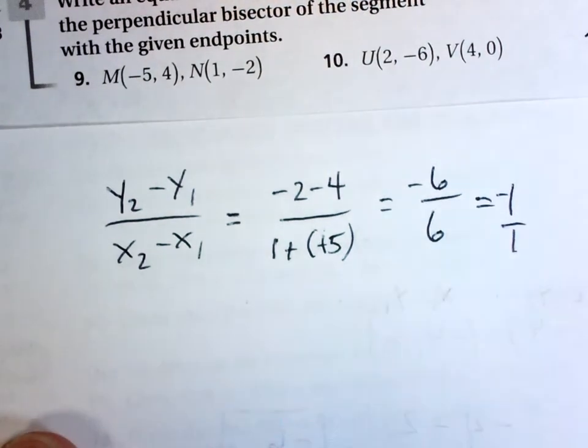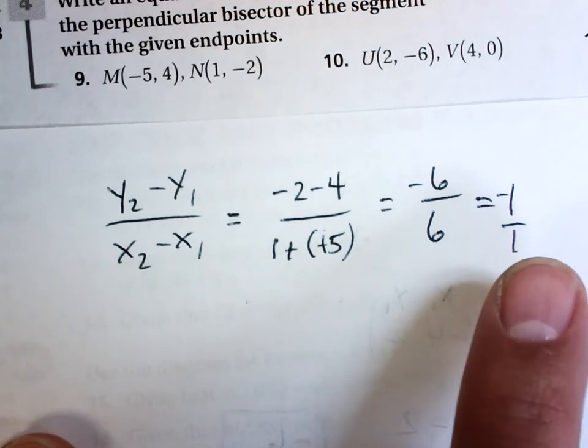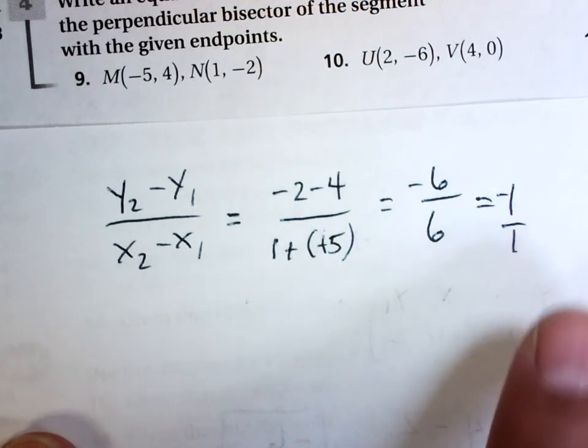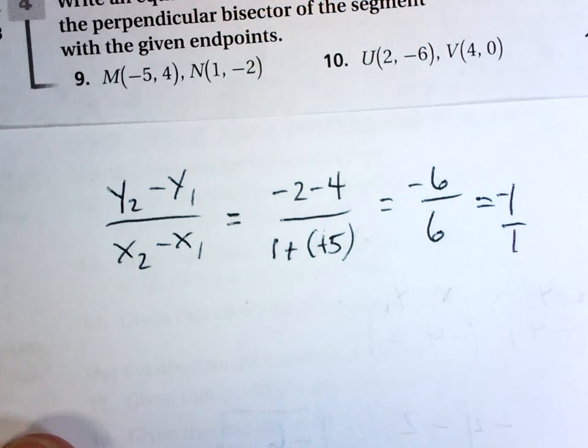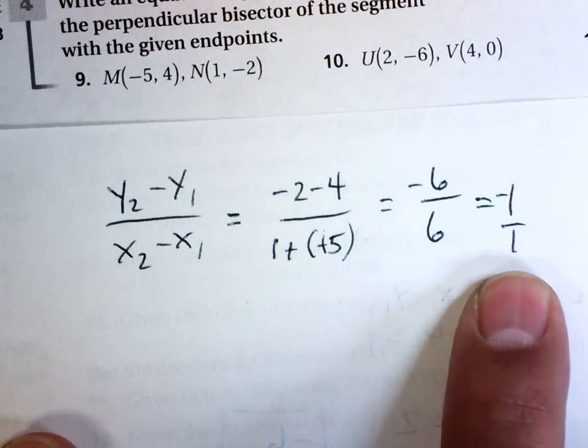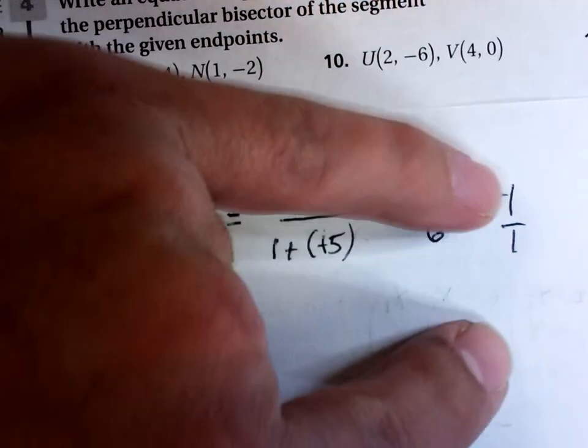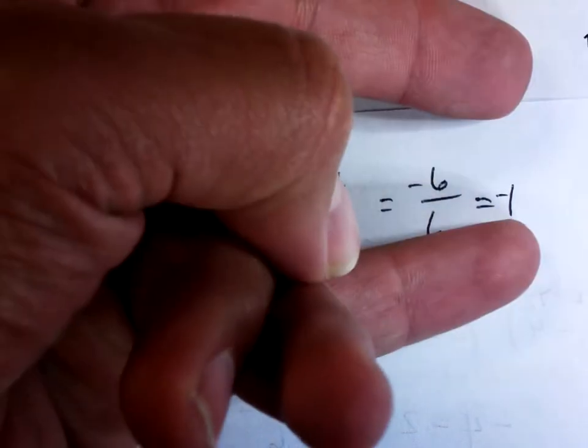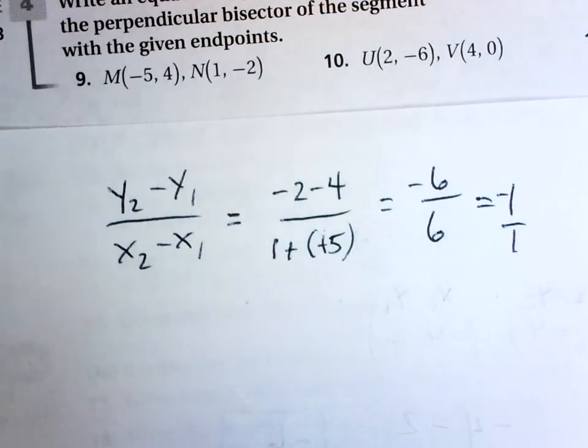Again, if you're good with slopes, don't worry about doing that, but some of you struggle when the slope is a whole number. So if I want the slope of a perpendicular line, the rule is all you do is flip the fraction. You flip your numerator and your denominator, and you change the sign.